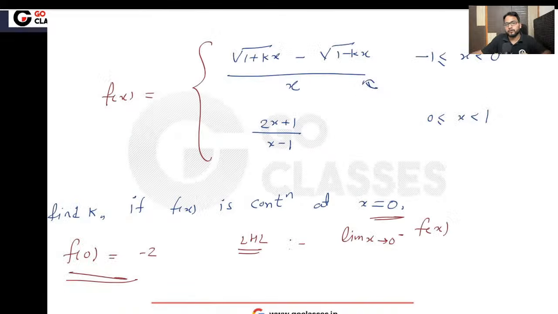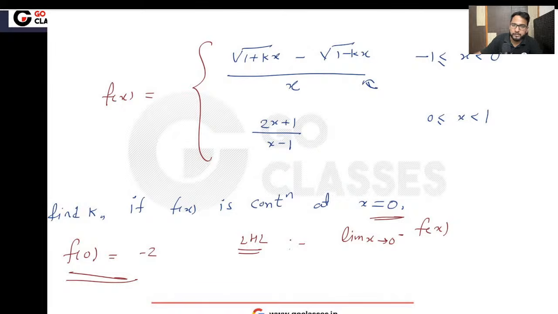Okay. So suppose this is the f(x) that you have, and we want to check whether it is continuous at x equal to 0. Now what you need to do? You need to check the value at x equal to 0, and also the values before 0 and after 0.